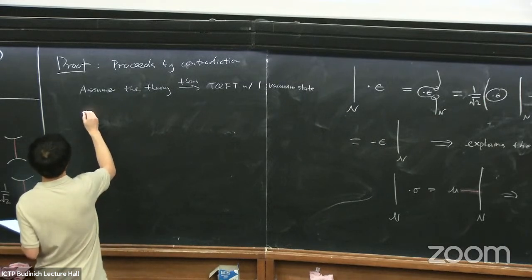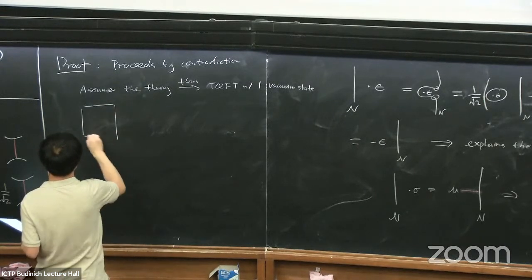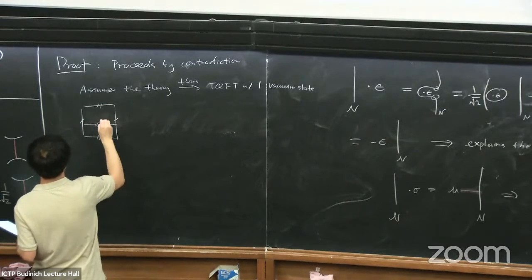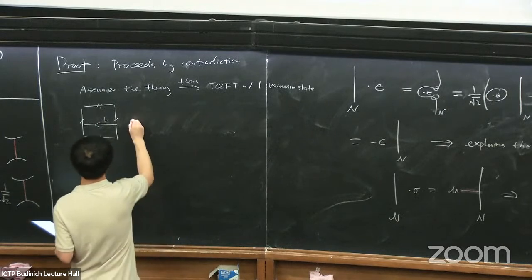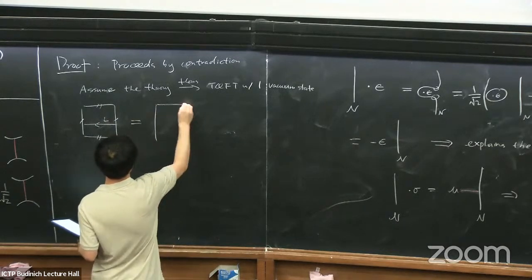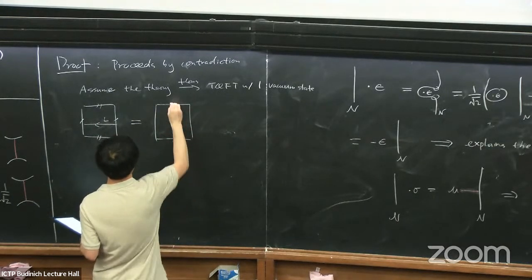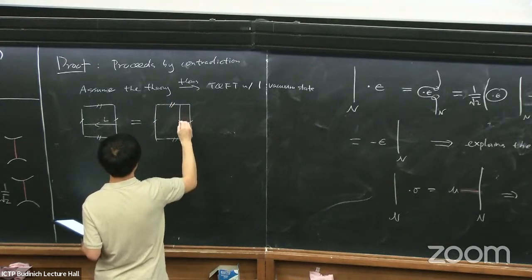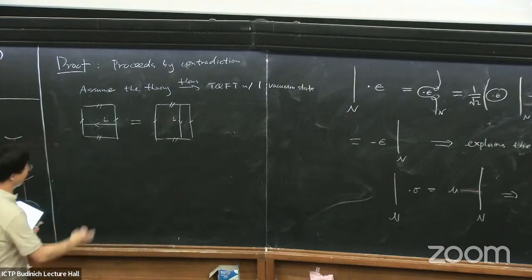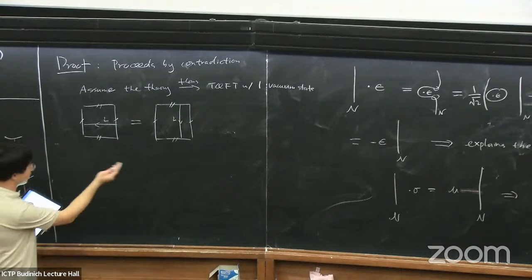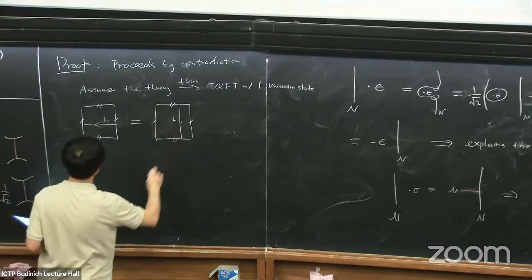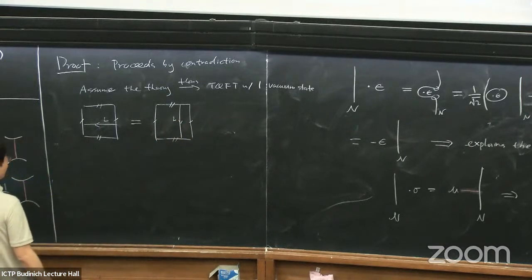So we can simply consider this torus partition function, twisted by the topological defect in the time direction, in the temporal direction, and which is related by a modular S transformation to the configuration with topological defect line inserted in the spatial direction. Okay, but in this TQFT, we can compute the partition function very simply.